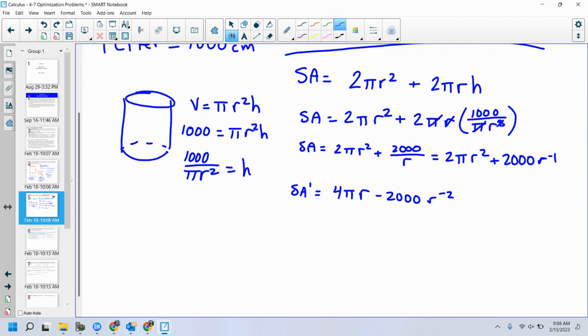Okay, so now what I want to do is reduce this down a little bit. So that's going to be equivalent to 4 pi r minus 2,000 over r to the positive second. Let's get a common denominator. Let's go r to the second here, which would bump that up to r to the third.